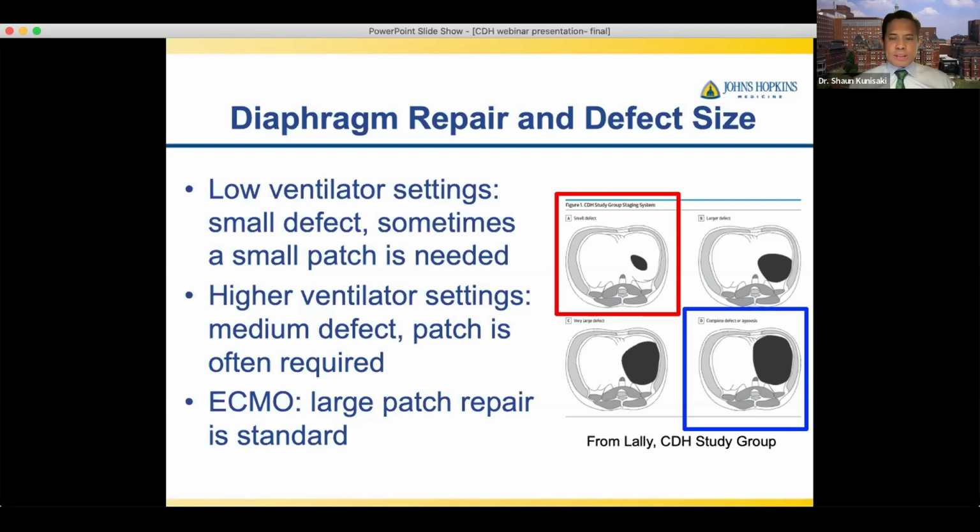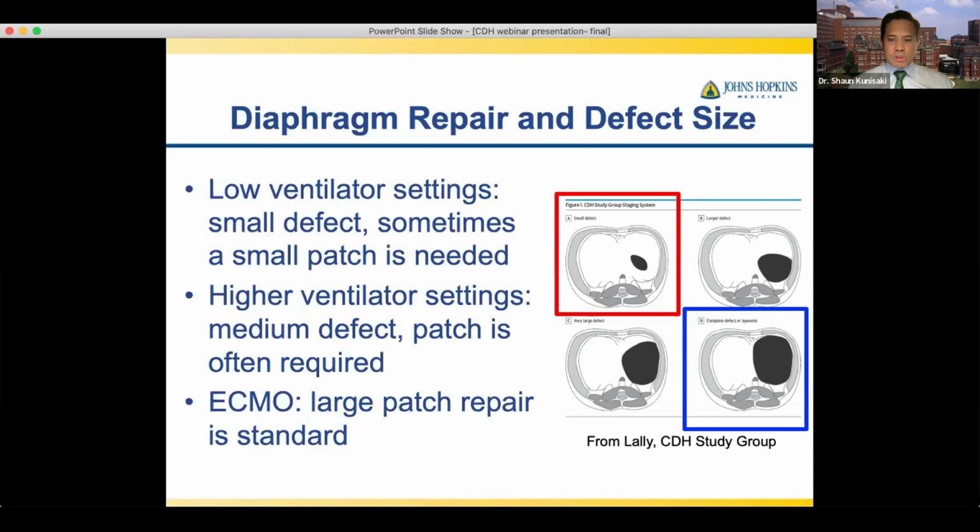CDH babies with less severe lung disease are on lower ventilator settings and generally have smaller diaphragmatic hernias shown here in the red box. On the other hand, CDH babies with more severe lung disease require higher ventilator settings and generally have larger diaphragmatic hernias shown here in the blue box.